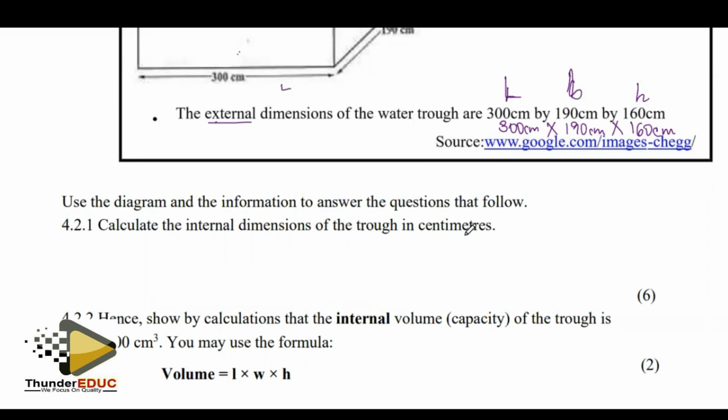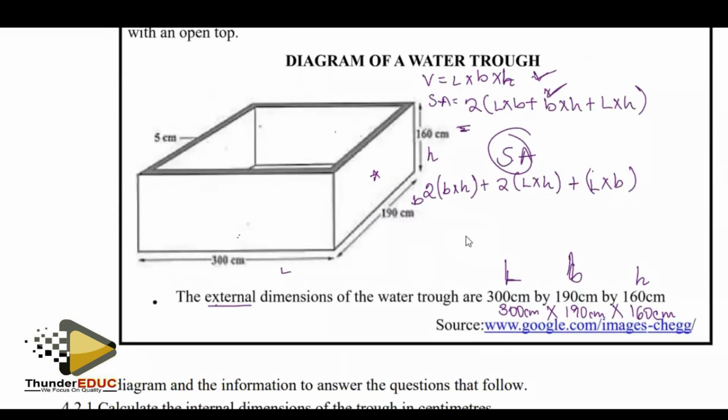Now, how are we going to get the internal? Remember, the dimension from outside, from here to there, won't be the same as when you measure from inside, from here to there. Why? There's a thickness. There's a wall that already has 5 centimeters. So if the walls are 5 centimeters thick, that means you're going to subtract 10 on both sides.